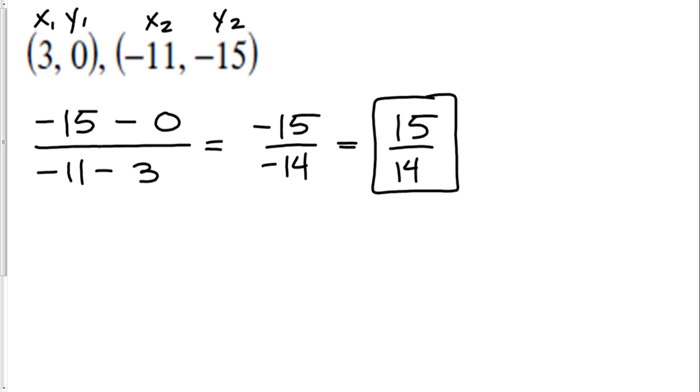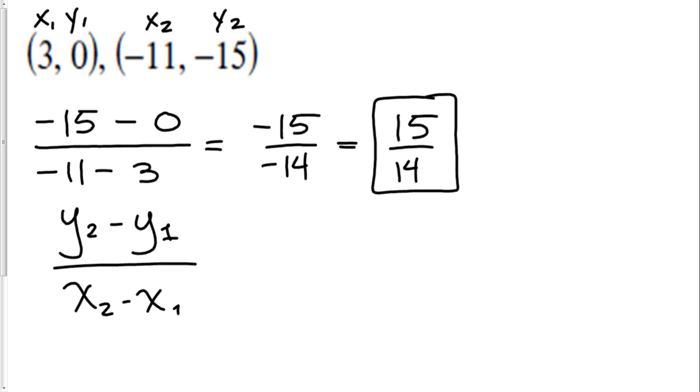Okay. Now, one last thing. Some of you might be asking whether it really matters which point we call x1, y1 and which point we call x2, y2. And the answer is no. The reason is that typically we see our equation as y2 minus y1 over x2 minus x1. But realistically, you could switch these.